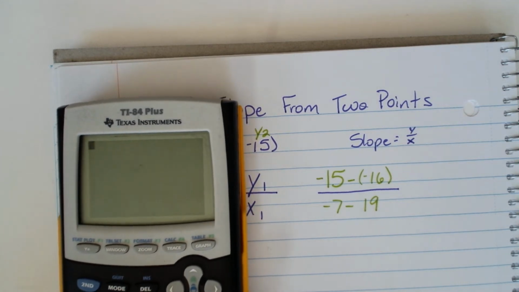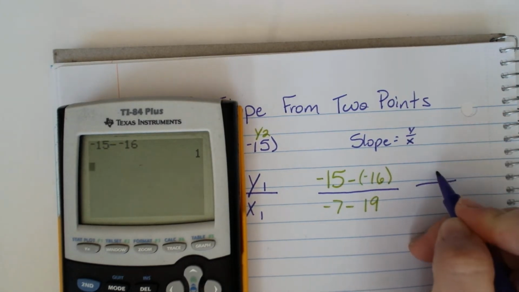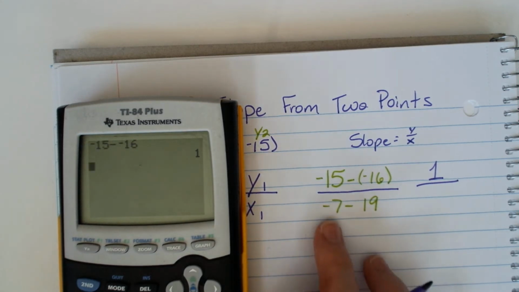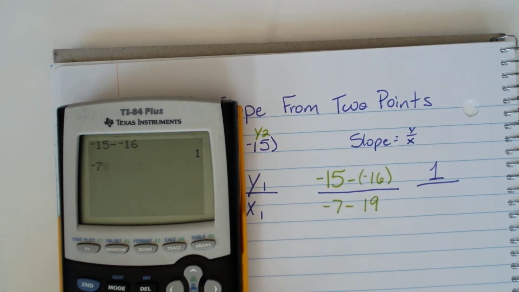So I'm going to have negative 15 minus negative 16, and that gives me 1. And then there's negative 7 minus 19.